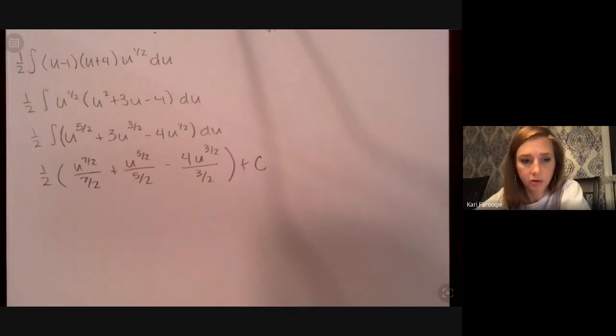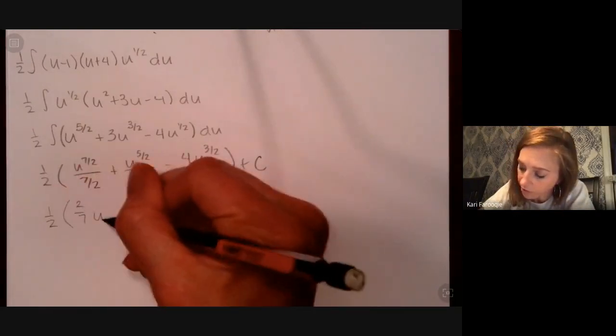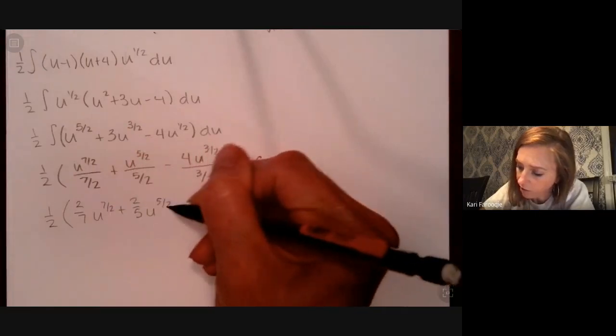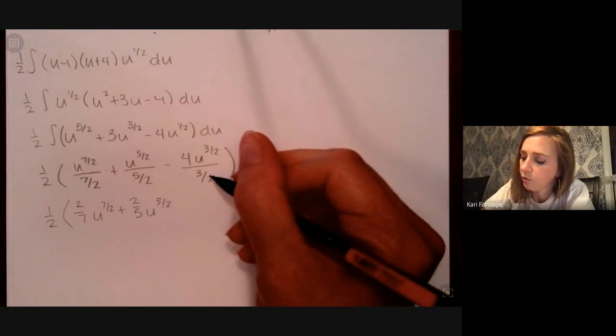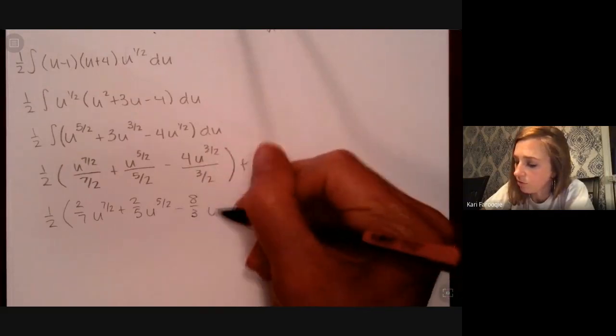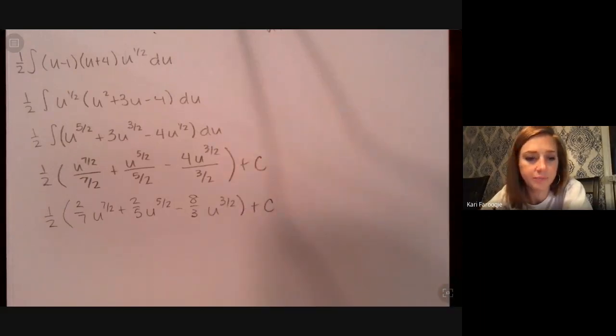So I'm going through the additional steps to make sure it's really clear, especially since we're asynchronous and I can't take questions on it asynchronously. So I have 2/7 u to the 7/2 plus 2/5 u to the 5/2. When I take 4 and multiply it by 2/3, I'll get minus 8/3 u to the 3/2 plus c.